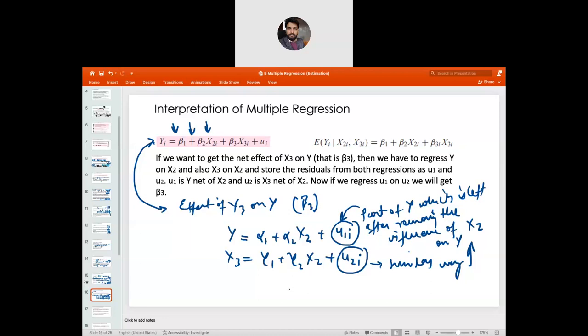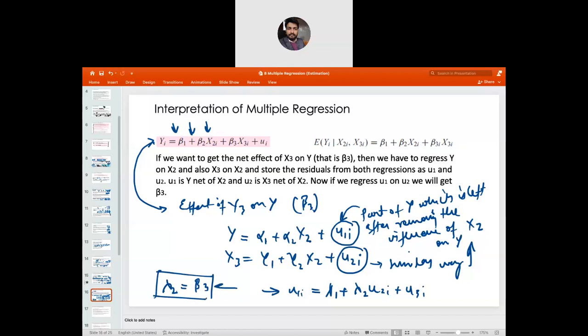Now let us regress our y free of x2 on x3 free of x2. When you run this regression, you will get lambda 2, and you would find that lambda 2 is equal to beta 3. It will be same as beta 3.